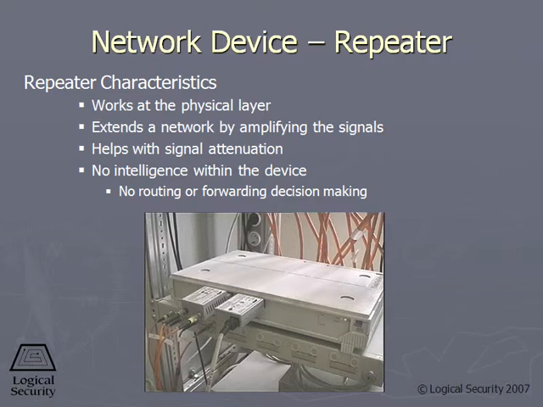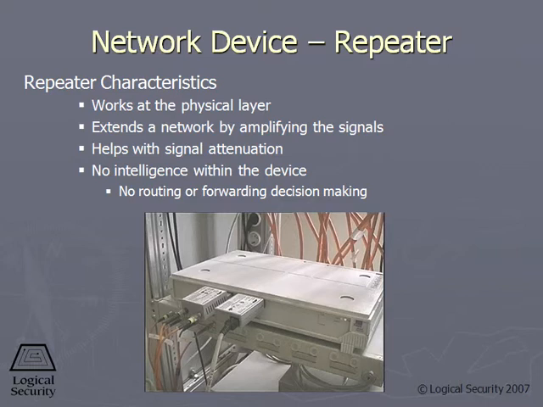And what I mean by gives it more juice is that, let's say it's a copper wire, that's UTP, and you have these electrons going through the copper wire. What will happen is attenuation, which means the actual signal will start to degrade.